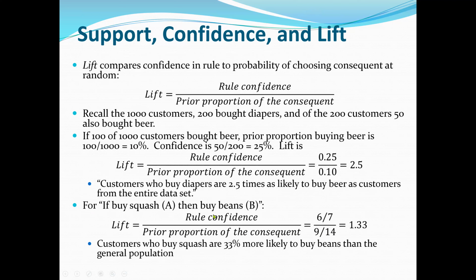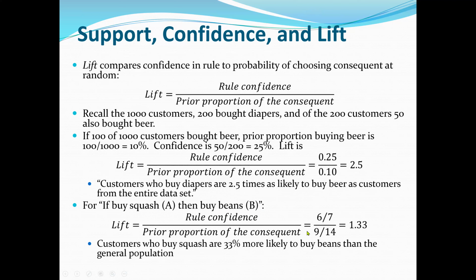Because again, in this rule, we are looking for the proportion of people who buy only beans, because our consequent, we say if you buy squash, which is the antecedent, then buy beans, which is the consequent. So the number of beans we find from the data set, which has 14 transactions, was 9.